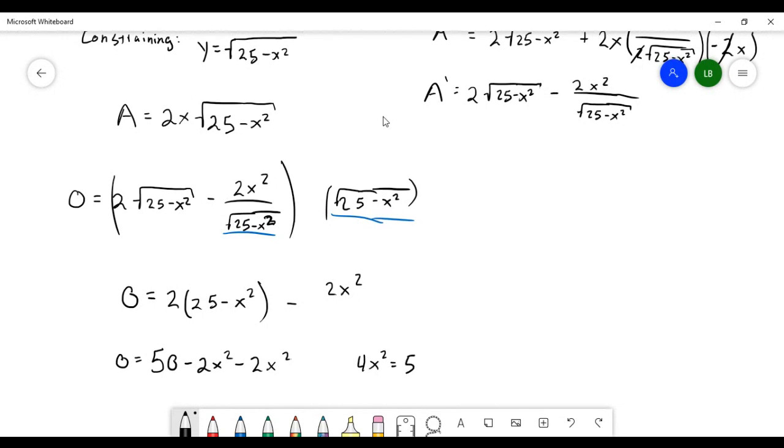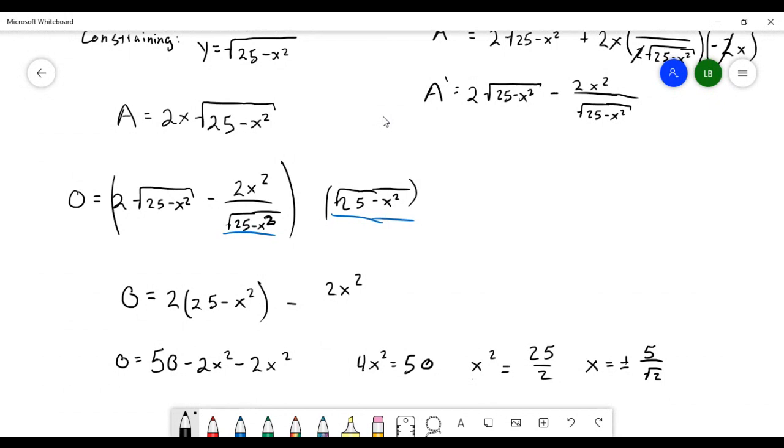4x squared equals 50, so x squared equals 25 over 2, so x is plus or minus 5 divided by the square root of 2.